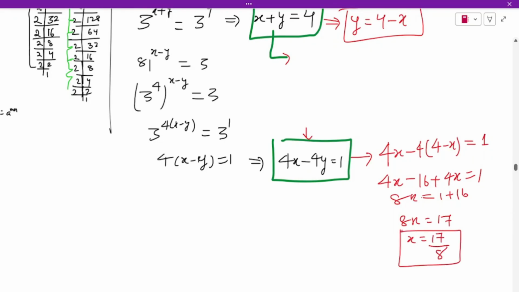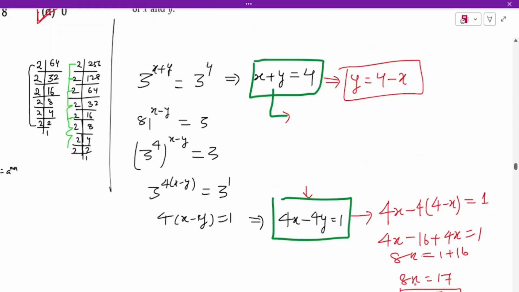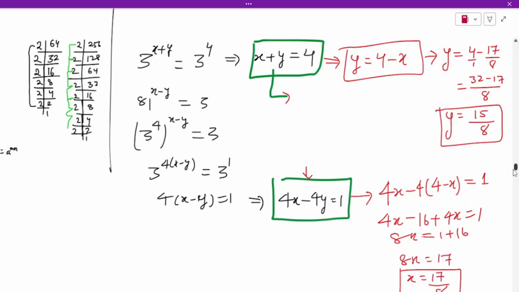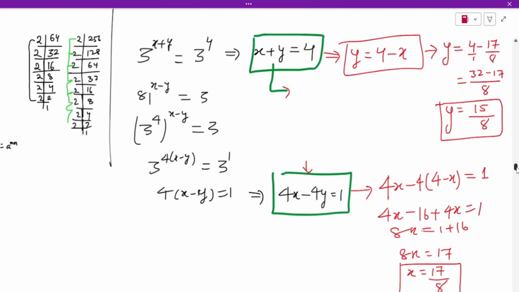This is the value of x. To find the value of y, we just plug this value of x into this equation. That gives us y is equal to 4 minus 17 by 8. Upon simplification, 8 fours are 32 minus 17, which gives us 15 upon 8. So the value of y is 15 over 8, and the value of x is 17 over 8.